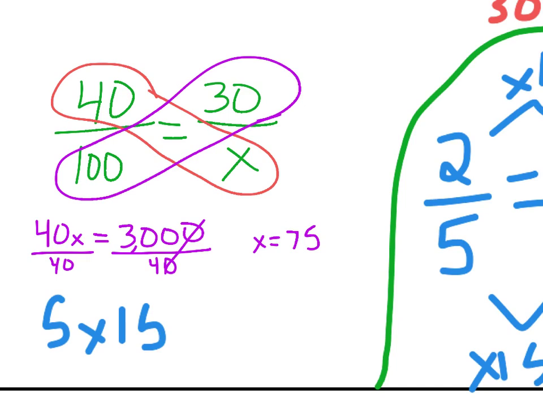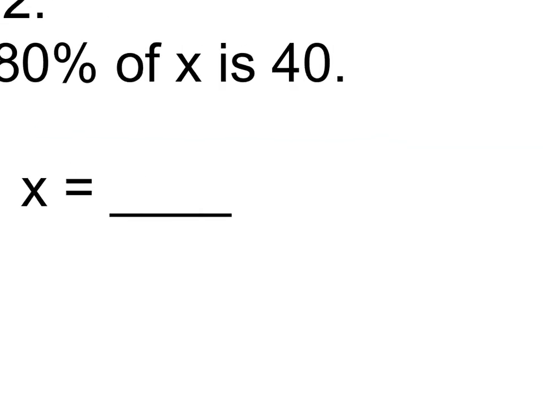That's my son in the background if you hear him. And then I divide by 40 to cancel out this 40. Divide by 40, which is really 300 divided by 4, because I can cross out the 0. And 75 times 4 is 300, so I know that x equals 75. So no matter which way I do it, I get 75.